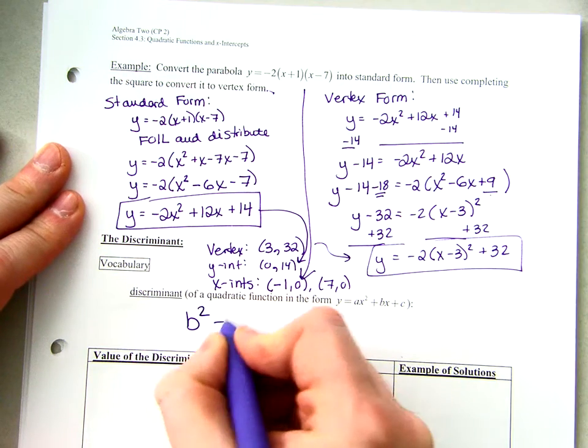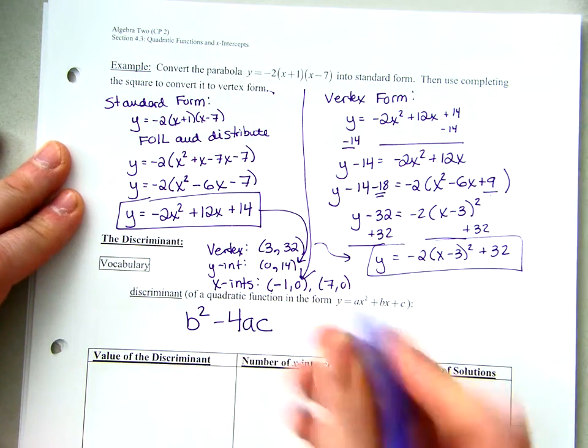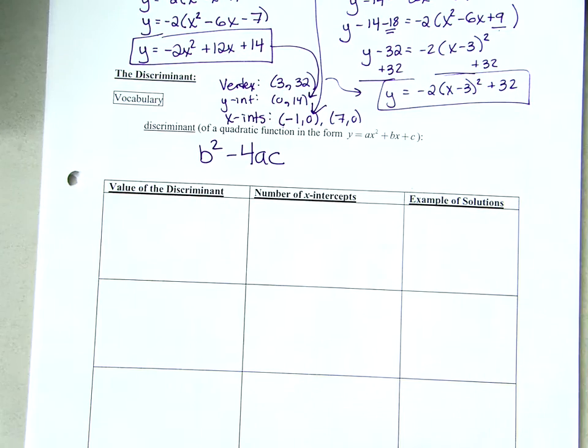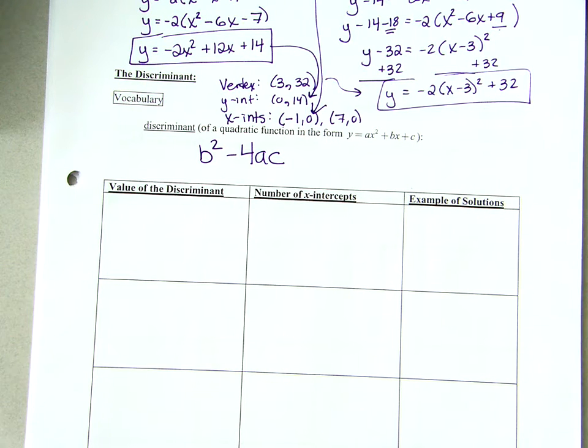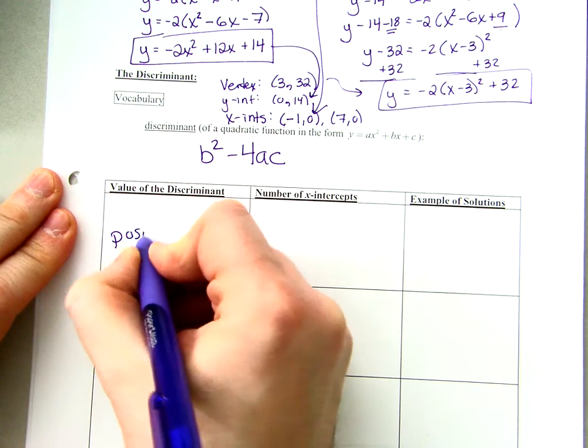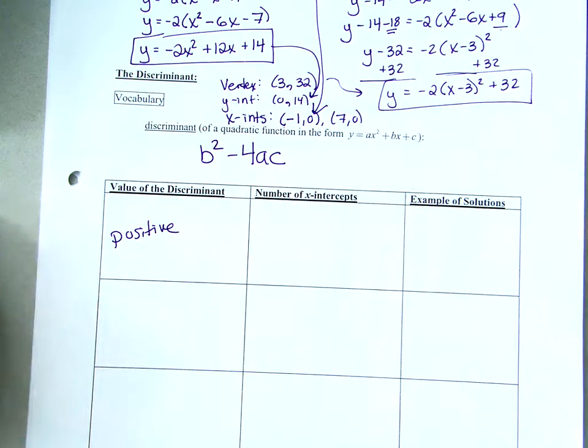Our discriminant is b squared minus 4ac. And here's the idea. You can always use the quadratic formula to find your x-intercepts. We can sometimes factor to make them go faster, but if we can't factor, we can use the quadratic formula. Let's say when you're using the quadratic formula to find the x-intercepts, you get a positive value underneath the root.